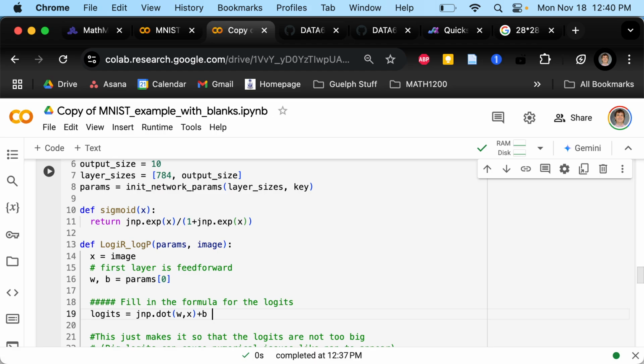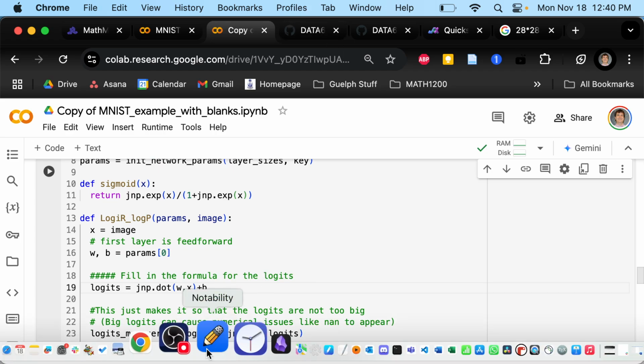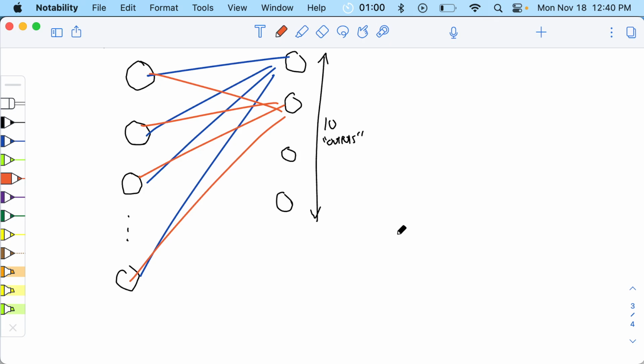So this dot product of W and X, W is an array now, and this is really doing the matrix multiplication of WX, and B is a vector of size 10, because there's a B for every single output. So W is a matrix, and in fact, it's size 10 by 784.